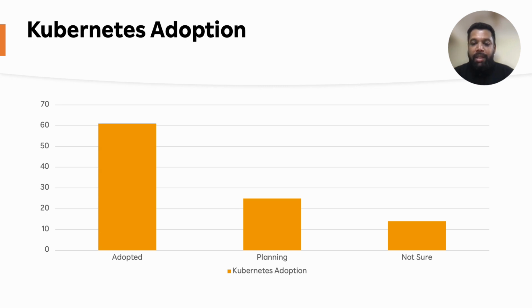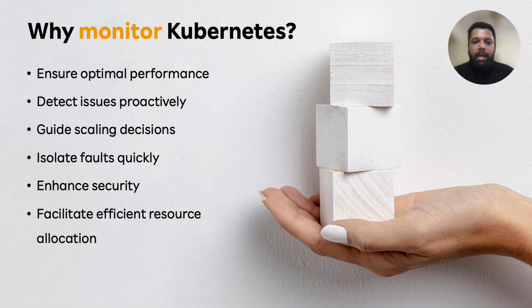So with the high adoption, I'll come to the challenges. It is very important to understand Kubernetes and its use cases and how we can monitor Kubernetes. As we mentioned the use cases, benefits and adoption, let's understand why monitor Kubernetes.